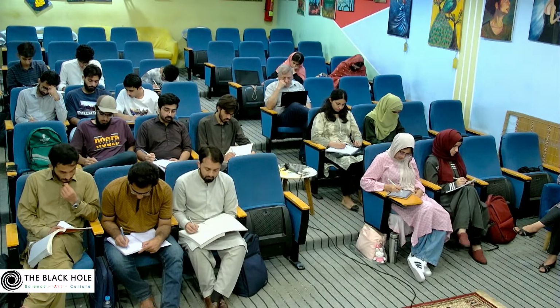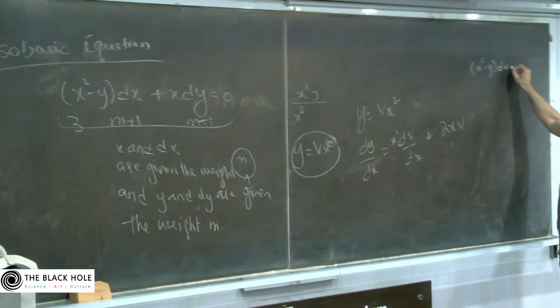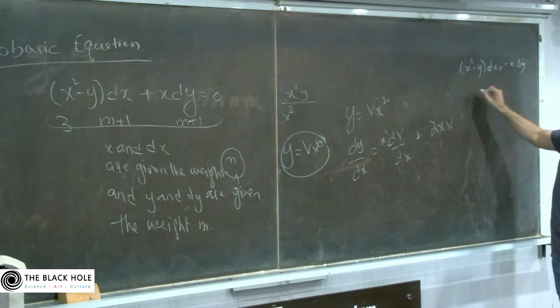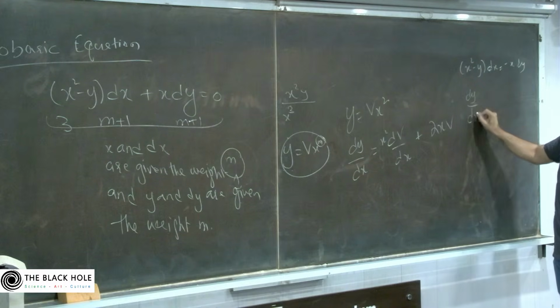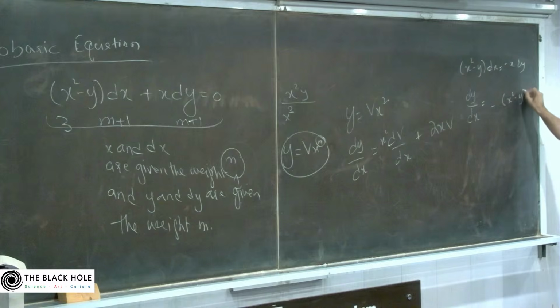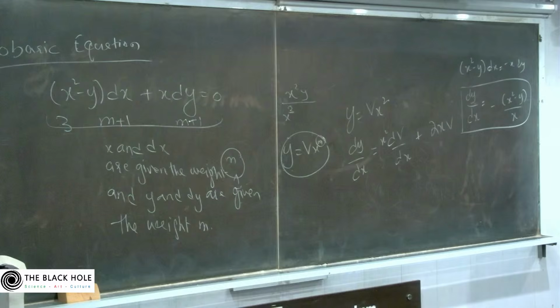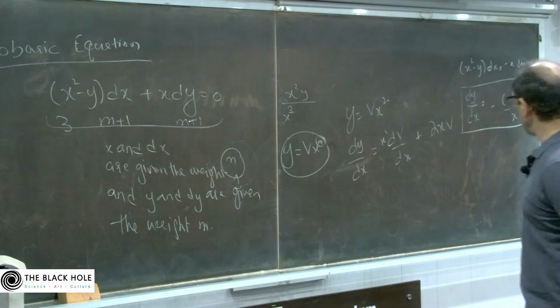The simplest way to do it, of course, is that you write down x square minus y dx is equal to minus x dy. You write dy by dx is equal to minus x square minus y over x, and then you plug things in so that you get the answer.